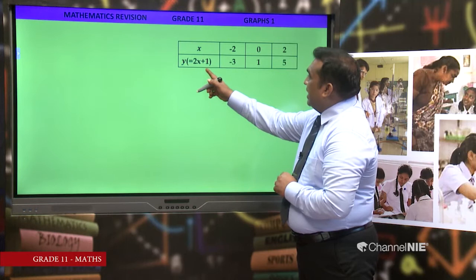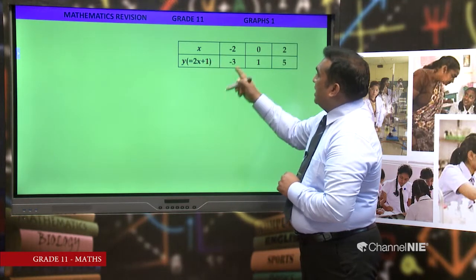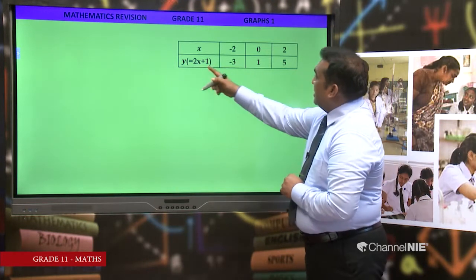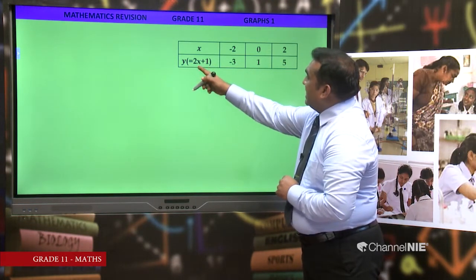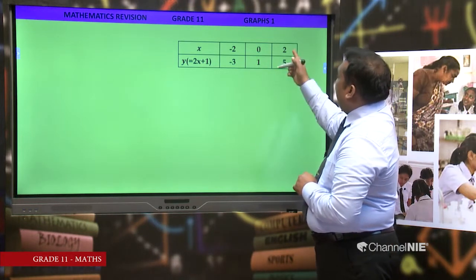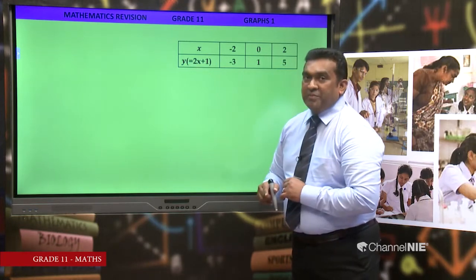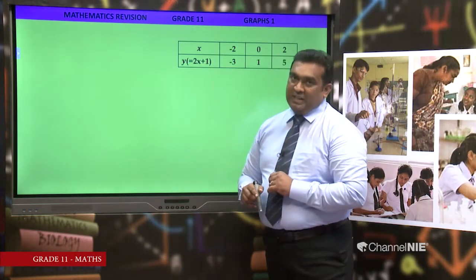You can see that y equals 2 multiplied by minus 2, minus 4, plus 1, is minus 3. Here 2 multiplied by 0 is 0 plus 1, then the y coordinate is 1. When x equals 2, we want to find out the value of y.